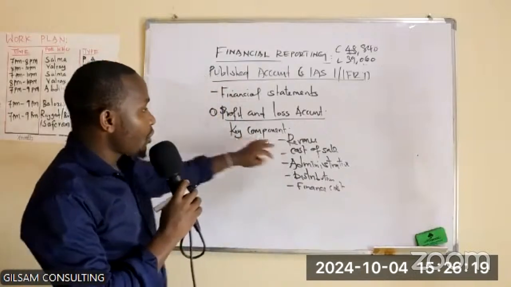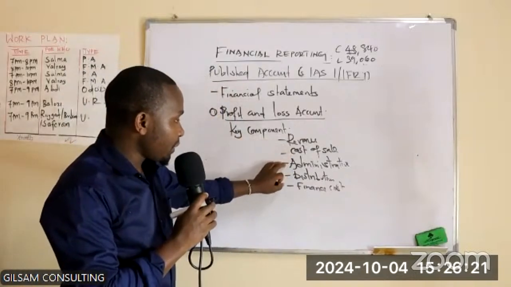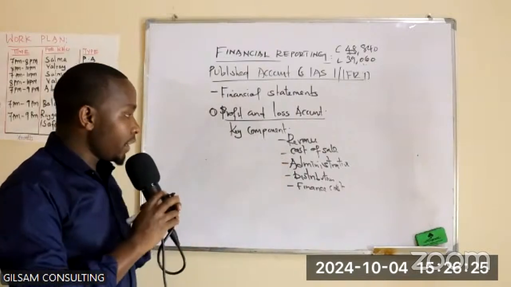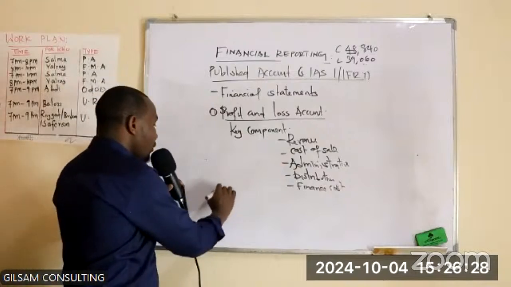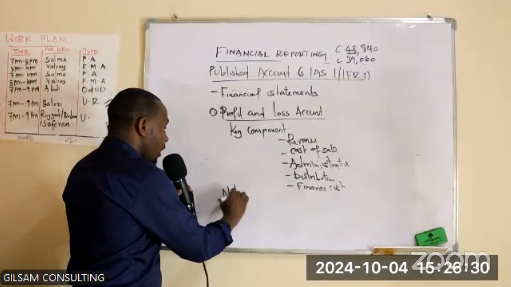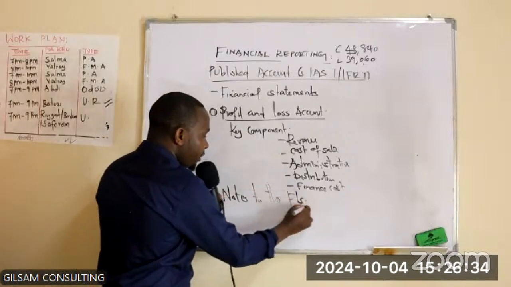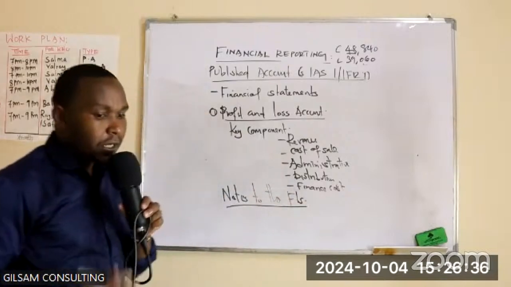We have to do the revenue, the cost of sales, administrative, distribution, and finance cost in the notes. So we have what is called the notes to the financial statements. We will do it under the notes.